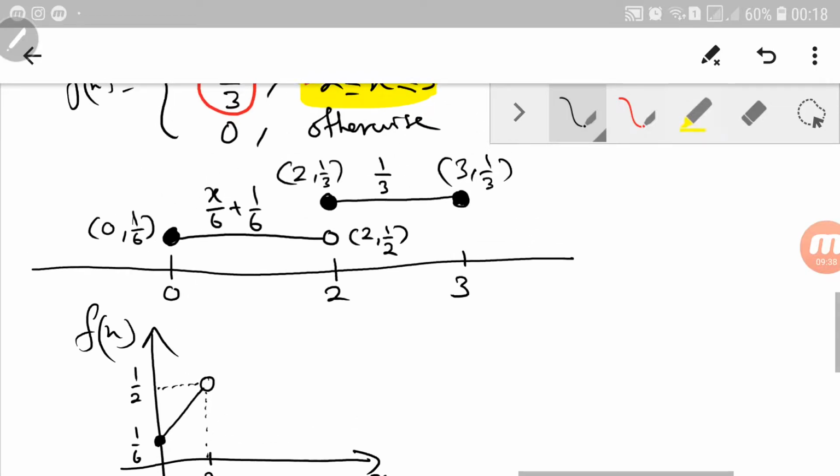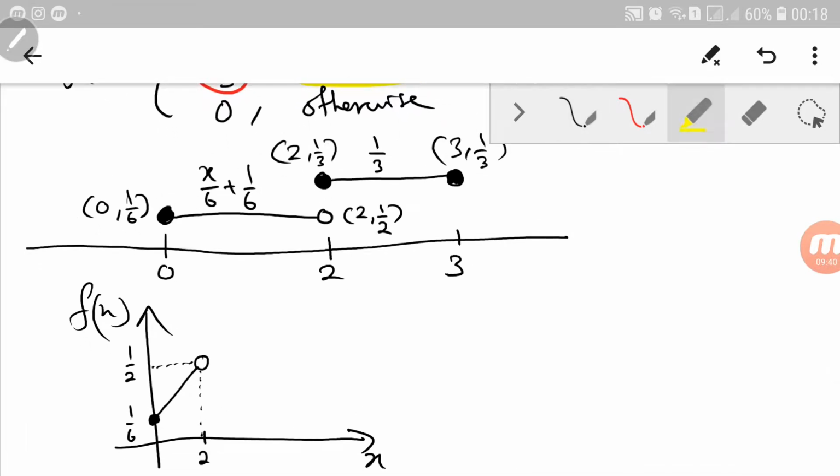Okay, next we're going to plot this dense circle. So 2 1/3 is between 1/6 and 1 1/2. My mistake, and half. So the circle should be here and it's dense.